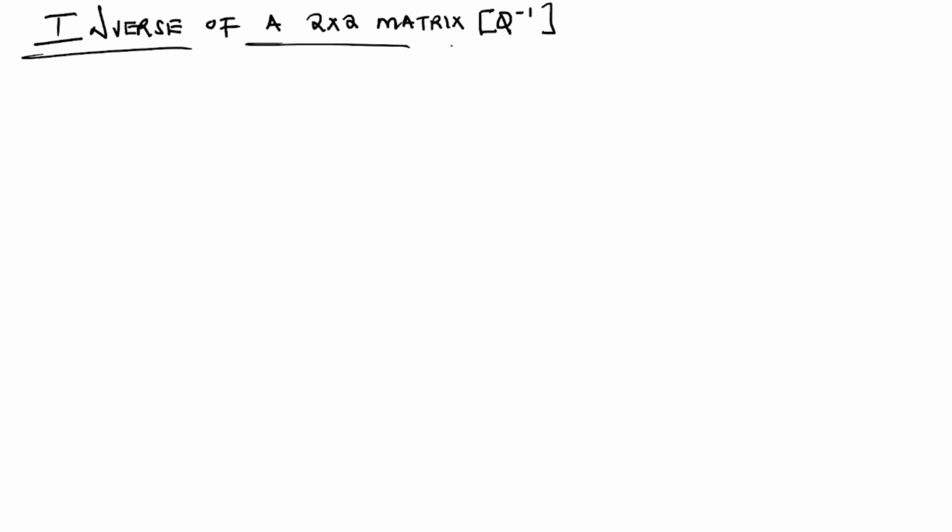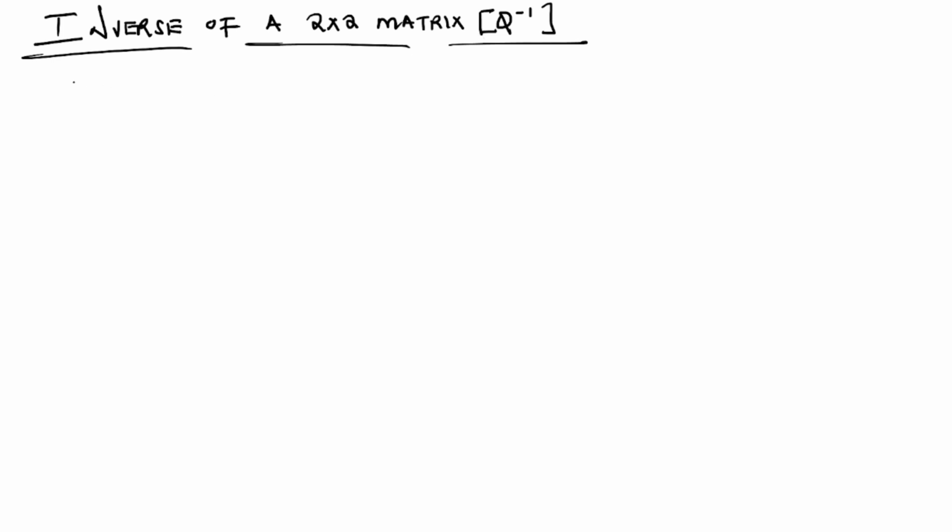So whenever you are finding an inverse, the first step is for us to find the determinant of a 2 by 2 matrix. Let's look at how we can calculate the inverse, which is denoted by that symbol there. If the matrix is P, it will be P with that -1 on top there.